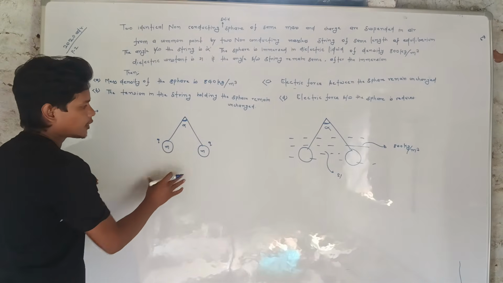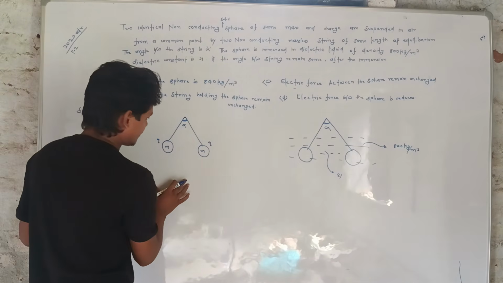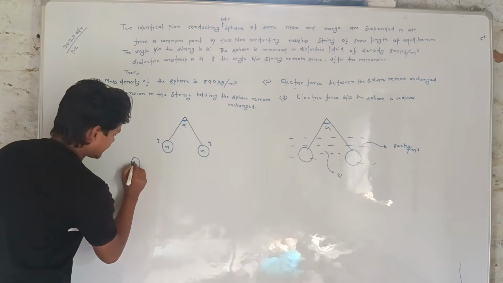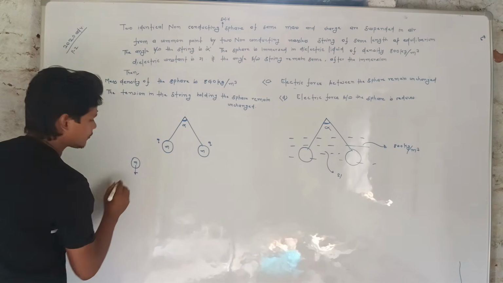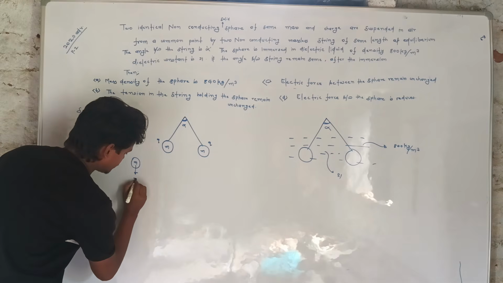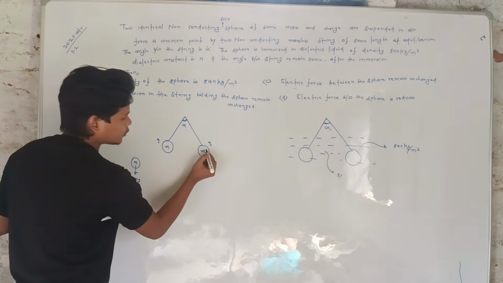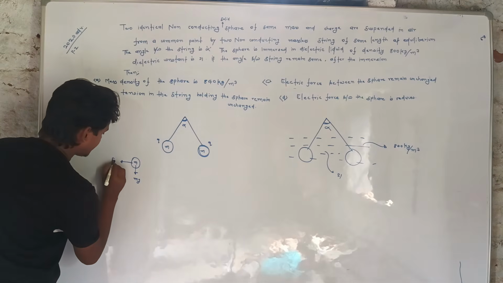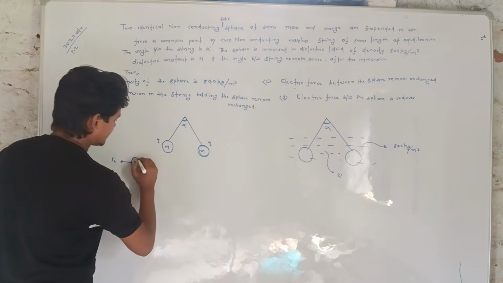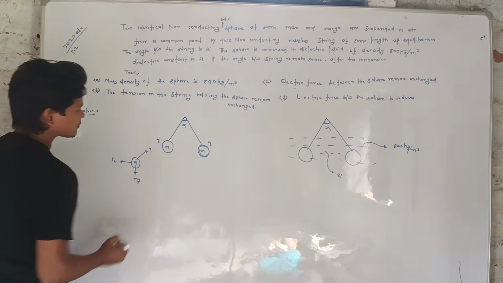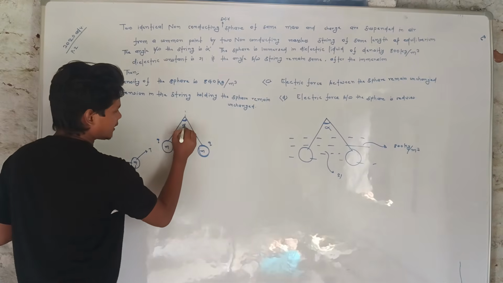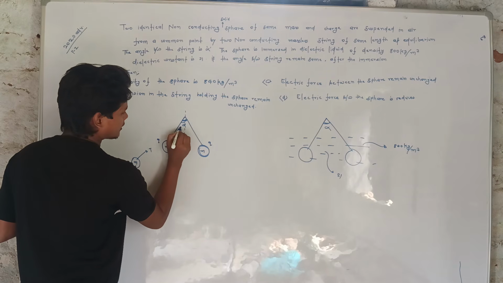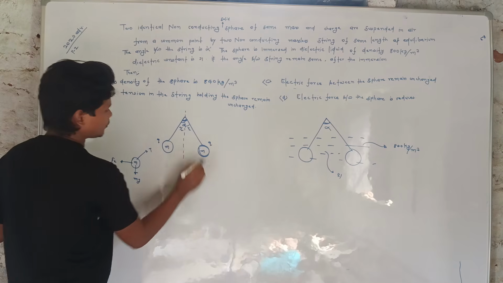Now first of all we draw the free body diagram. In air, on the solid sphere, due to mass there is a gravitational force acting downward, that is mg, and due to the charge an electrostatic force will appear, that is Fe, and in the string there is a tension, that is T. If we draw a vertical line that bisects the angle into equal parts, this angle is alpha by 2 and this angle is also alpha by 2.